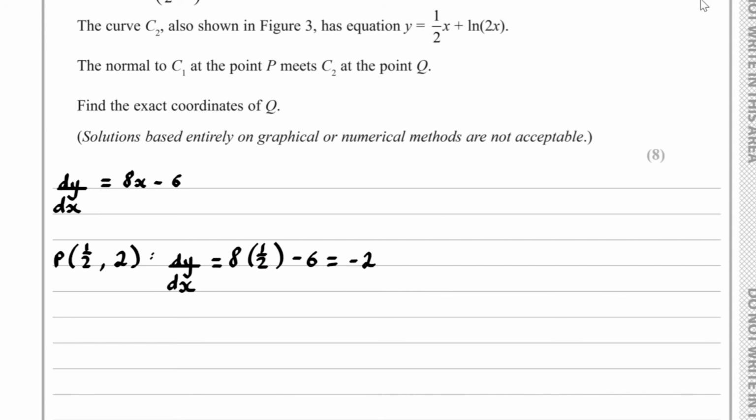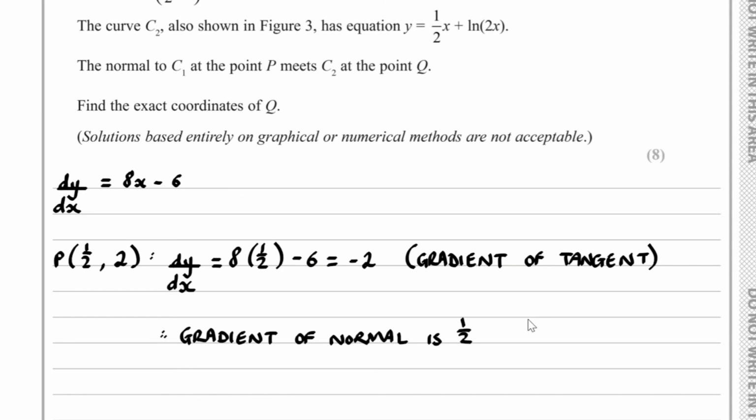What does this represent? Well, this would represent the gradient of the tangent. And so, what we can conclude from here then is the gradient of the normal is 1 half.